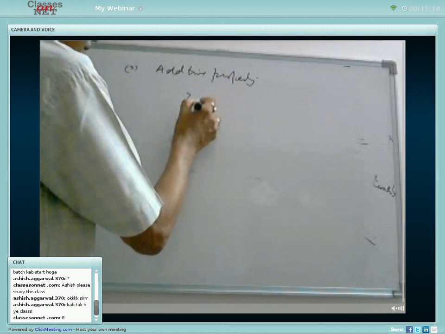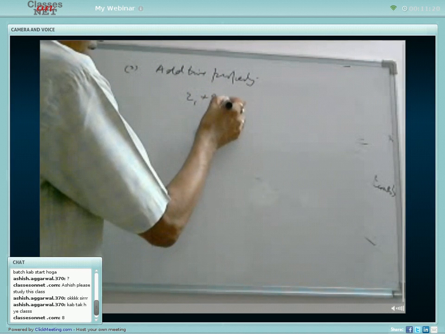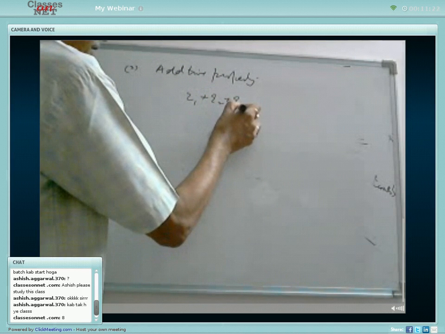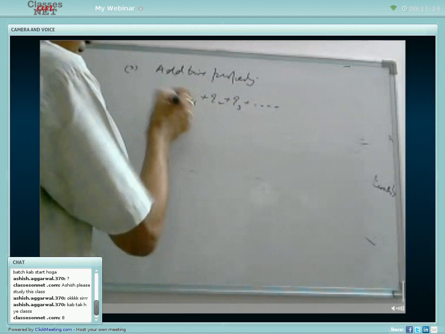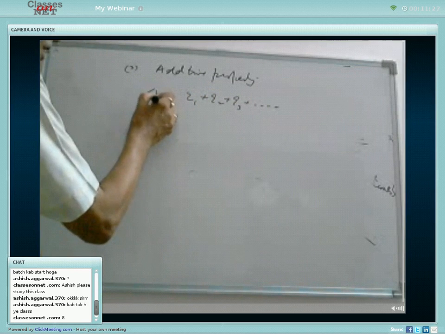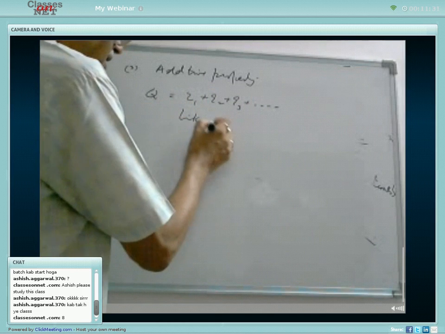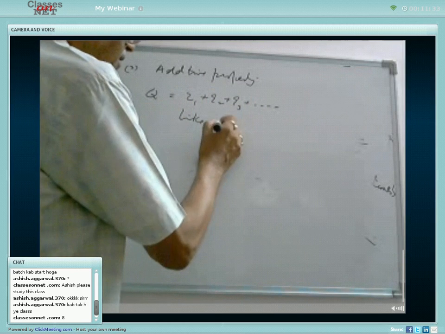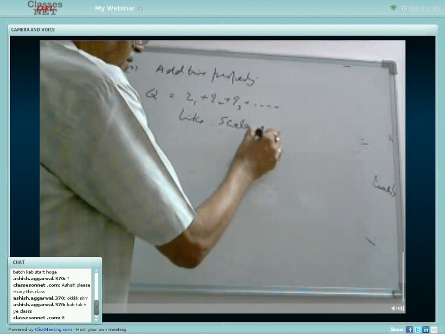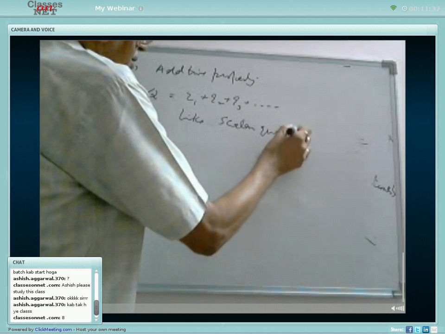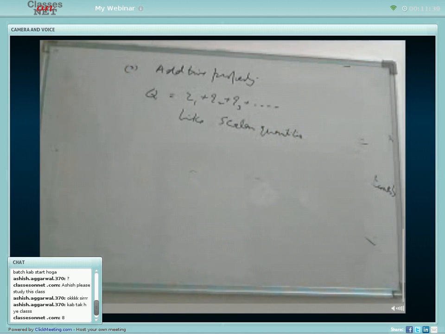If we have different bodies, one having charge Q1, second having Q2, third Q3, then the total charge can be obtained by just adding them like scalars. This is called the law of additive property.